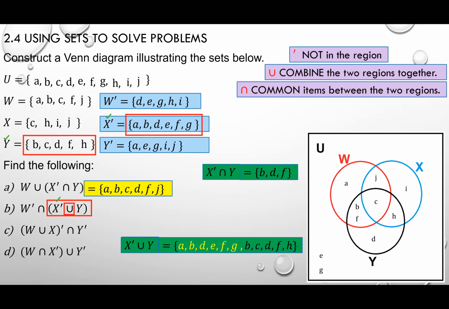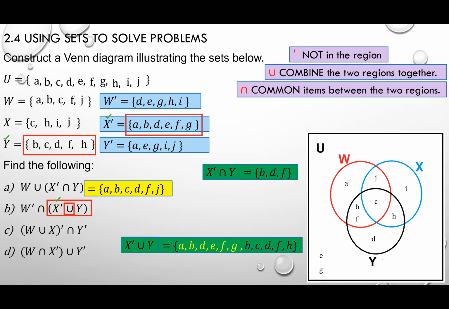And this is literally what you're doing, guys. I take X prime. Everybody see that in my yellow item, A, B, D, F, G is X prime. I take that and put it together with the Y, which is B, C, D, F, H. This is all you do. That's how you combine. You take the first group, put it together with the second group, you're done.